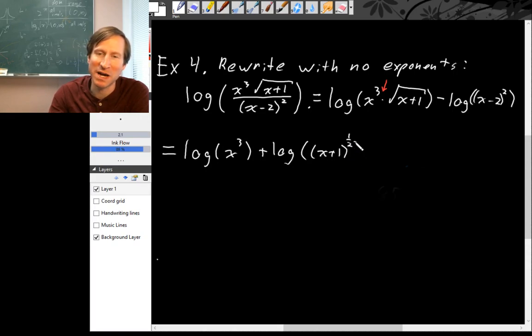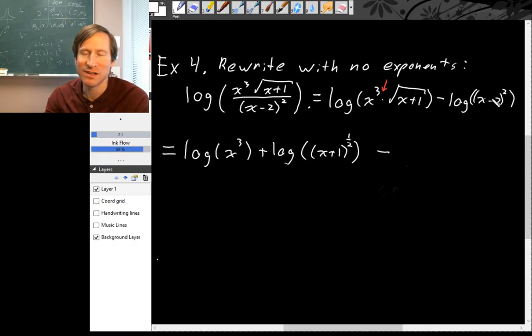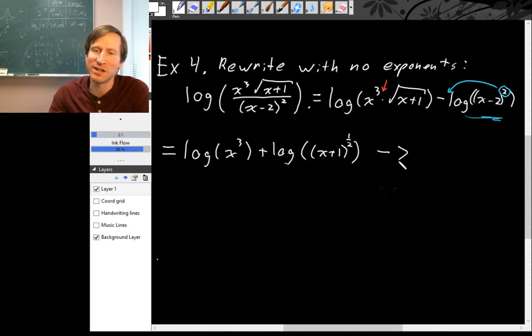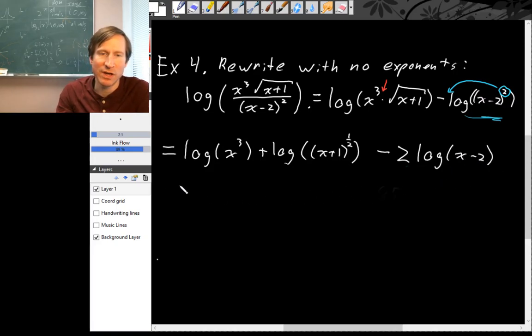The square root is a power of 1/2, minus, now in this last logarithm over here, the last operation is this exponent. And the power rule for logarithms says we can shuffle that exponent down in front, so it's a coefficient. So minus 2 times log of x minus 2. Okay, now we're almost done.